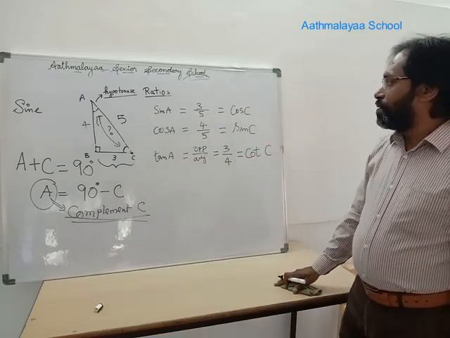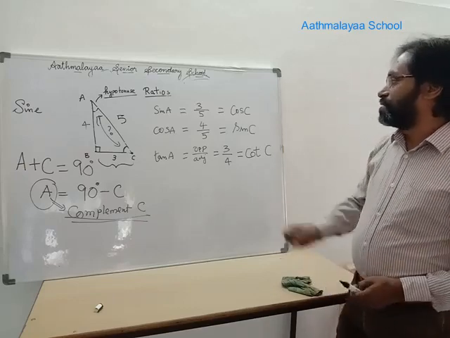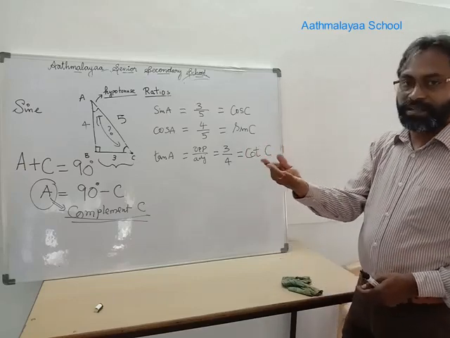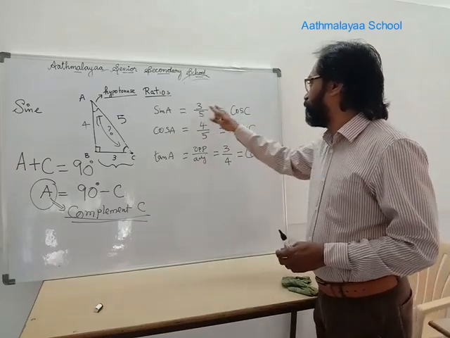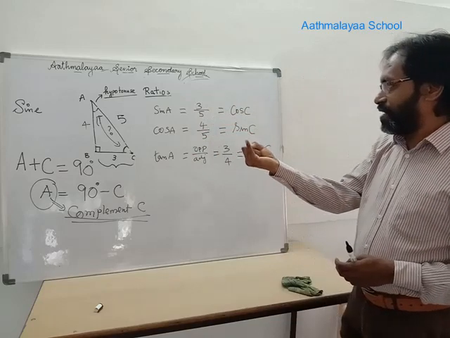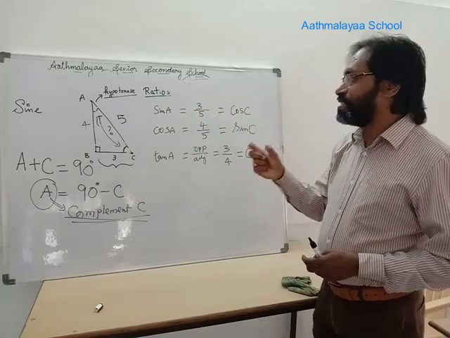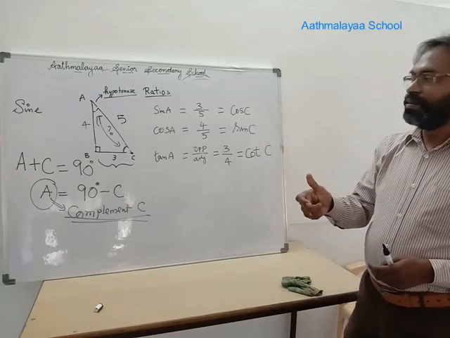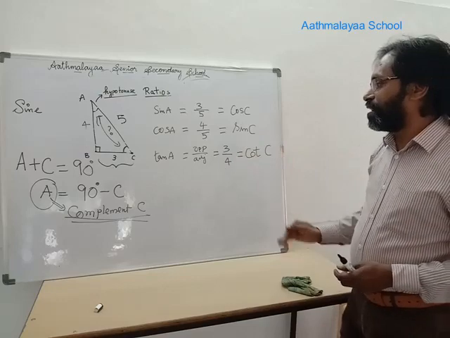So now we have some more names in trigonometry: sine, cosine, tan. We have 6 ratios, and all the 6 ratios have been referred to only with these 3 names. We have some more names, which are secant and cosecant. Okay, secant and cosecant we will learn a little later, not now.